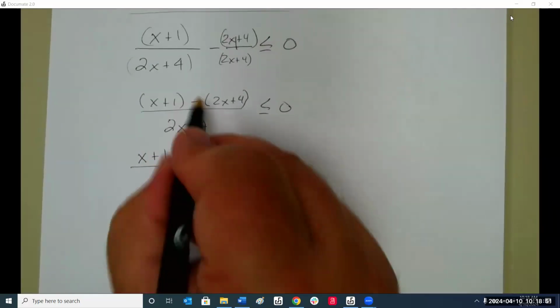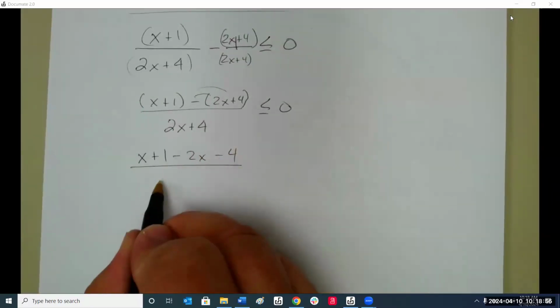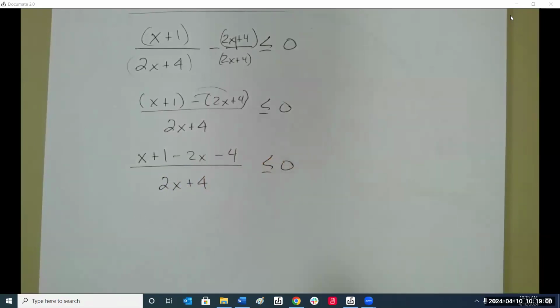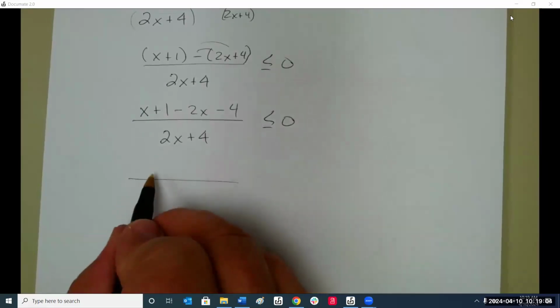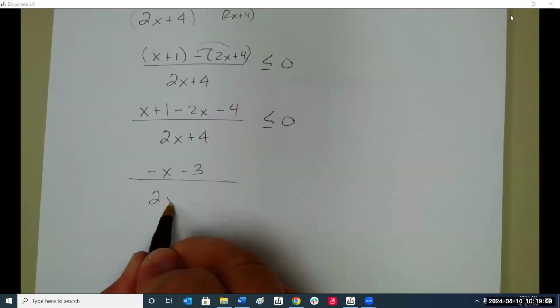We don't need the first parenthesis. Distribute the negative sign to the other one. Negative x minus 3.